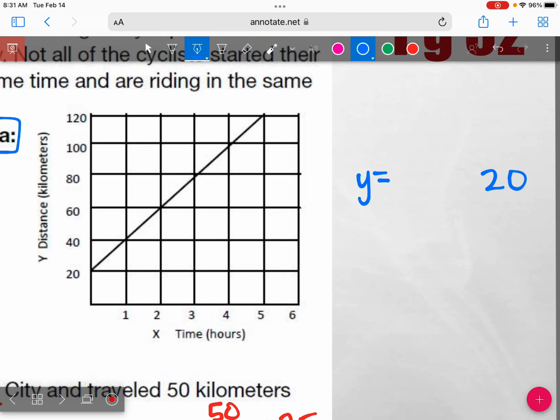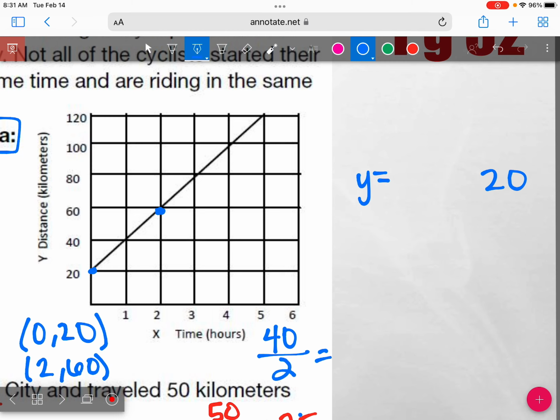So we can look at the point 0, 20. And then we're given this point 2, 60, right? 60 minus 20, we get 40. We're changing y's and we're changing x's. So yes, she goes 20 kilometers every hour, okay?